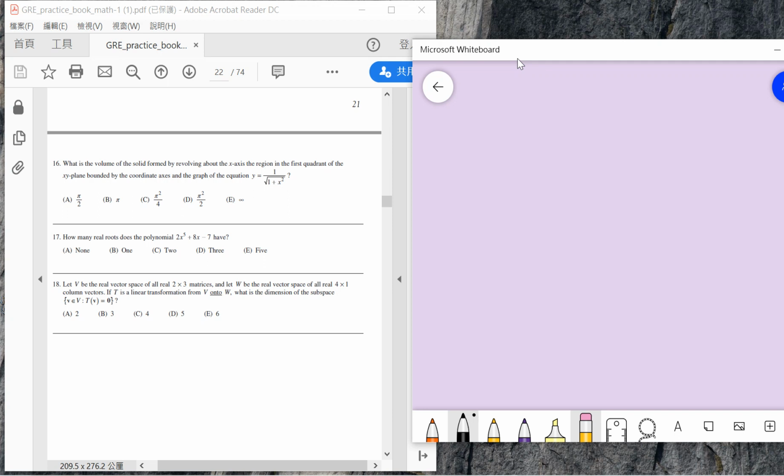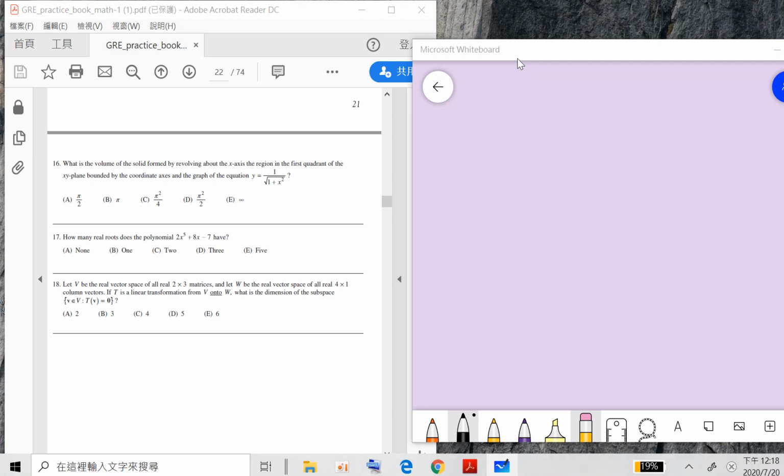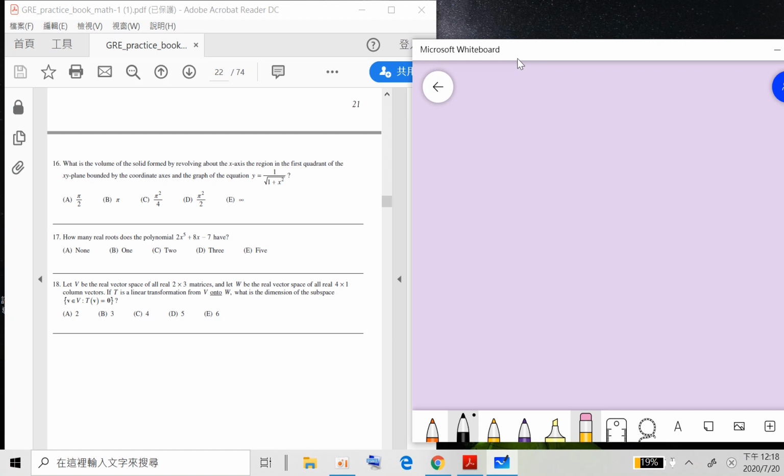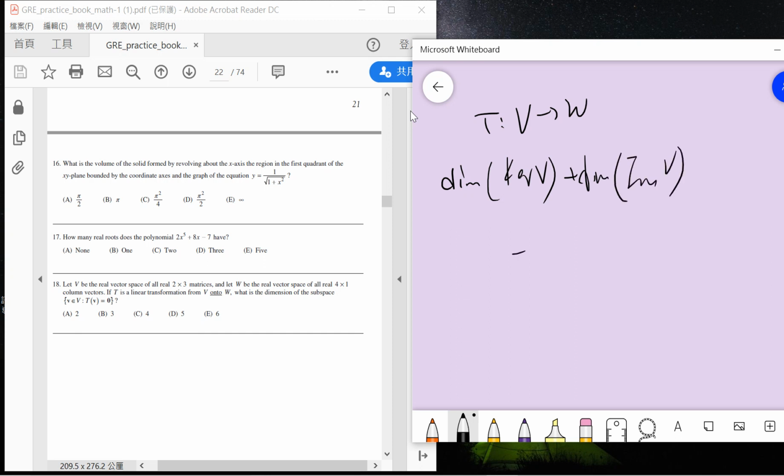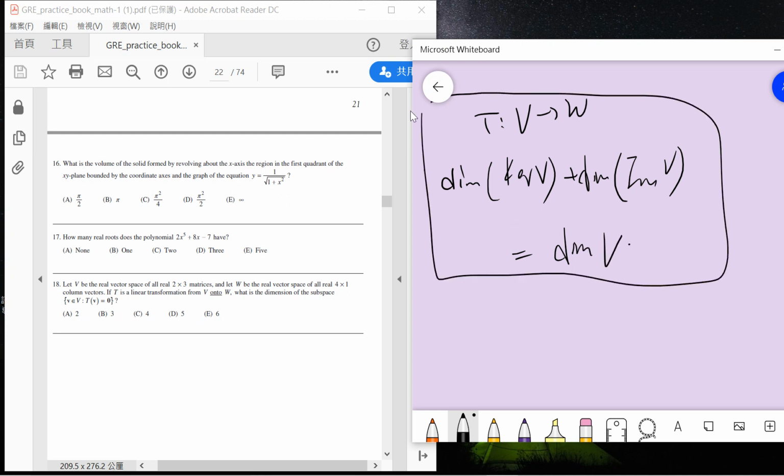Okay, so to solve this, what we need to know is the famous theorem. Let me write it. The dimension of the kernel of V plus the dimension of the image of V is the dimension of V. This is an important linear algebra theorem. The dimension of the kernel is what we want to know, and the dimension of V is 6, 2 times 3.